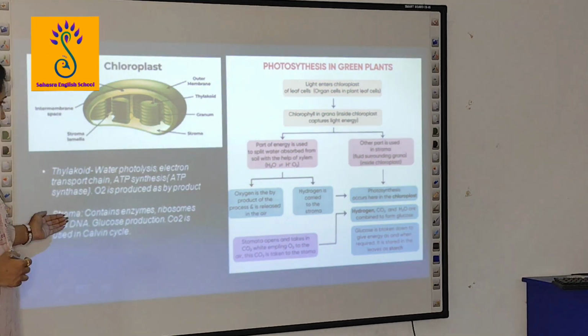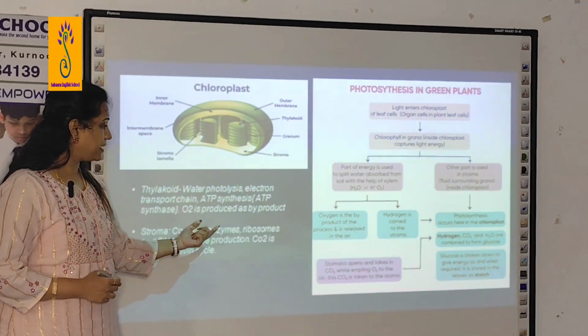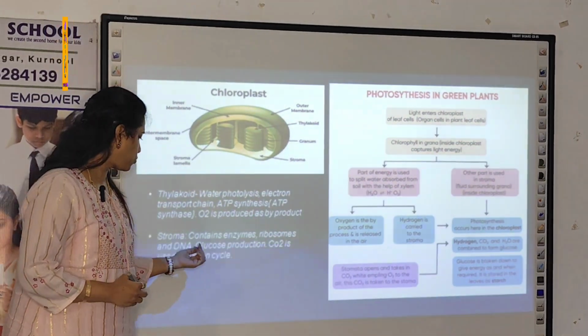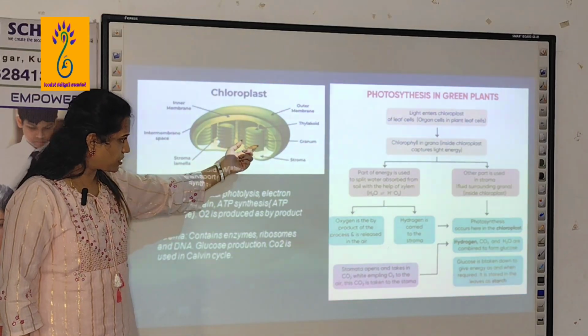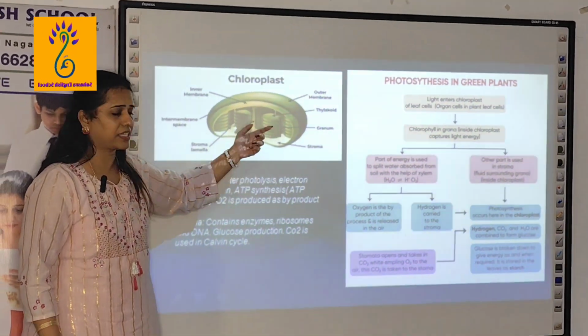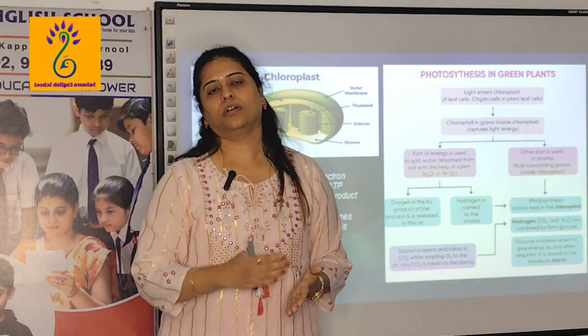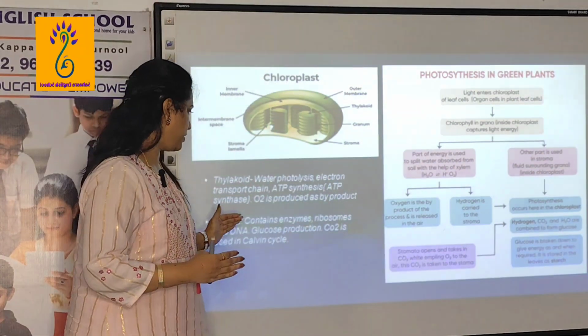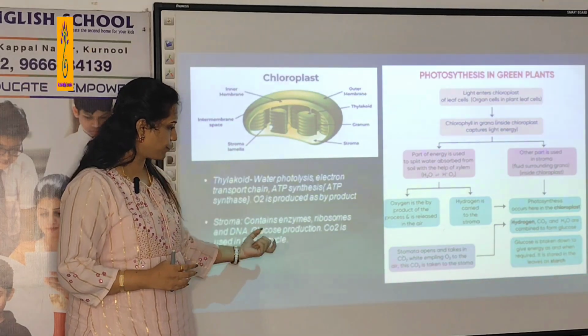Coming to stroma, it is the matrix, a fluid-like substance. It contains enzymes, ribosomes and DNA. Glucose production, actual photosynthesis happens here, that is carbon dioxide is reduced to carbohydrates over here. So the actual Calvin cycle uses this carbon dioxide.